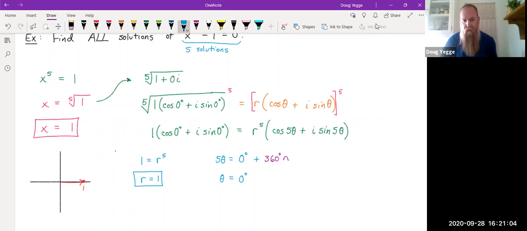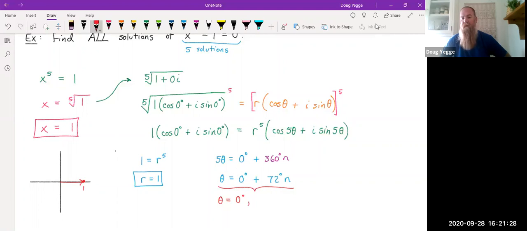What we don't know is that if we divide by 5 now, notice that that gives me 72 degrees times n, which now means that we have a few different solutions for theta. One solution for theta is going to be when n is equal to 0, so 0 degrees.